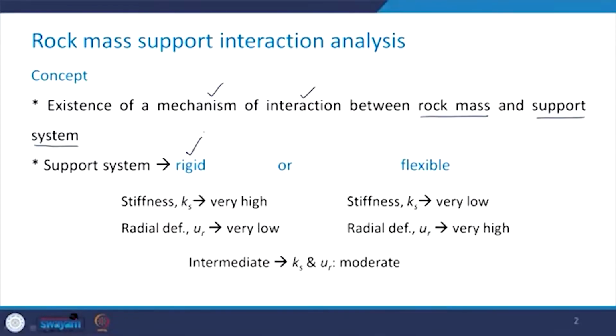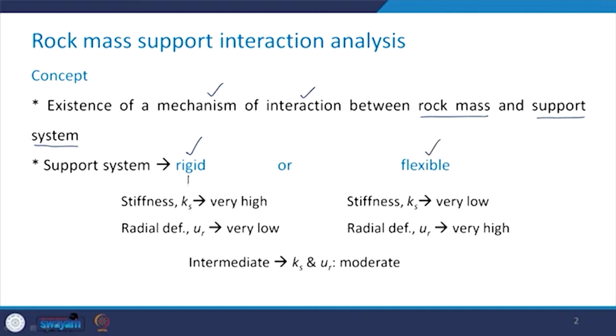It can be a nominal support system, or you may have to go for a heavy support system depending upon the quality of the rock mass surrounding the excavation. Accordingly, this support system can be either rigid or flexible.